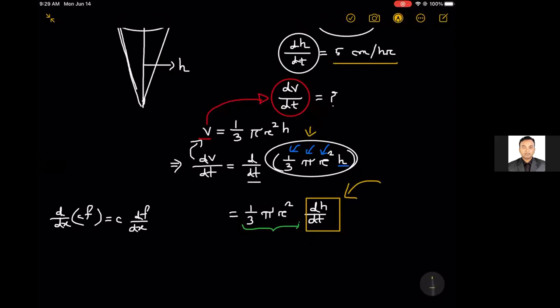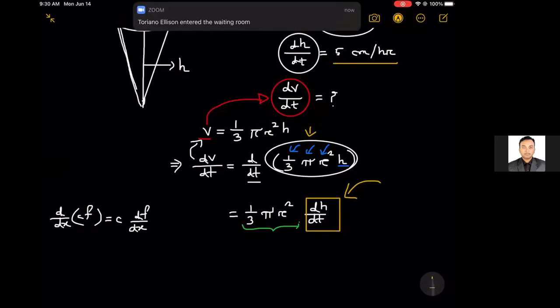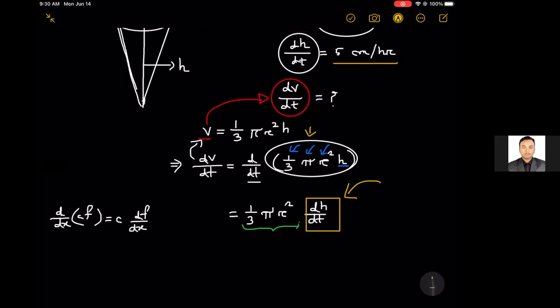Obviously 1/3 is a value, it's definitely a constant. Pi is always a constant. It has a fixed value. And for this problem, I did say my r is given. That means it's not really changing. For a fixed r, I'm trying to find the rate of change of the volume. So my r is also fixed for this particular problem.